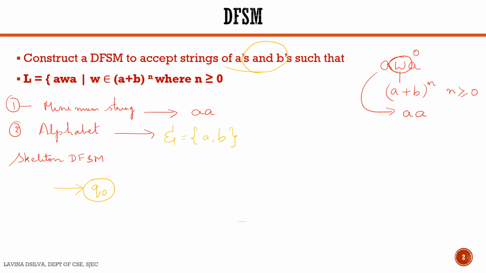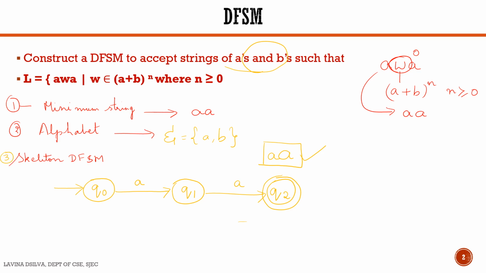On Q0 state, on receiving one input A, the first character of the minimum string, it goes to the second state. In the second state, we give the next input character of the minimum string. 2 characters are done. This is our minimum string. Therefore, we reach the final state. This is our skeleton DFSM.